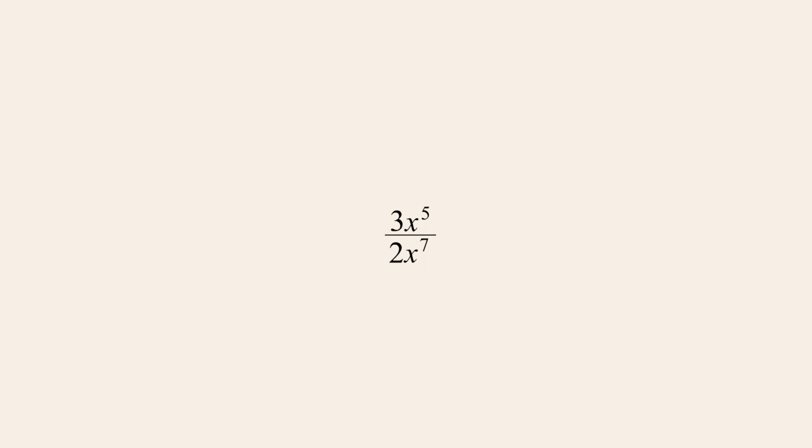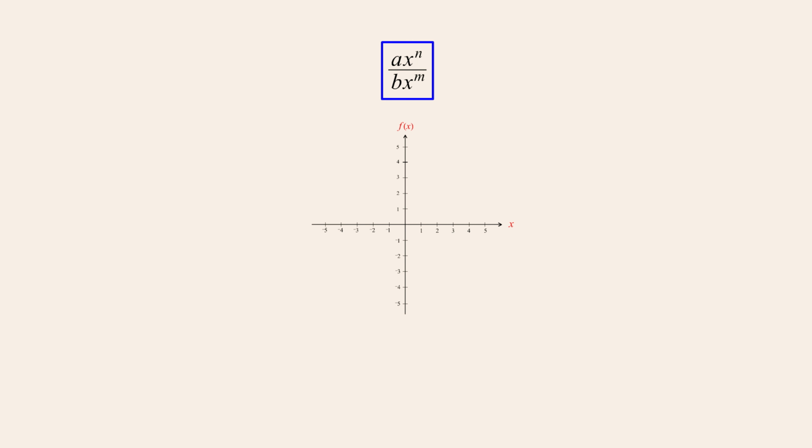To show how this works, let's call the coefficients of the leading terms a and b, and the leading terms' exponents n and m. If the value of the numerator's largest exponent n is less than the denominator's largest exponent m, the function will have a horizontal asymptote located on the x-axis.